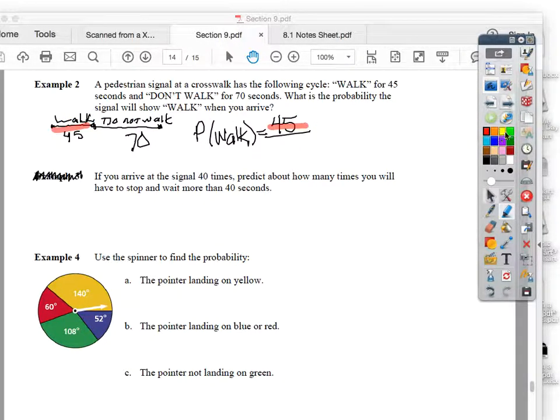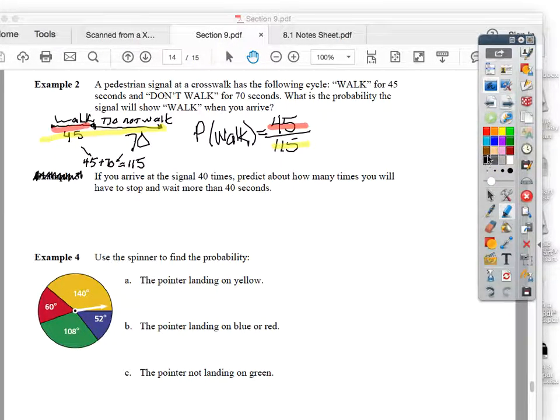But then the whole sample space is that entire time that the signal was going. So that would actually have to become 70 plus 45, which would be 115. So that's going to be the entire sample space that you have there, just to keep that in mind.